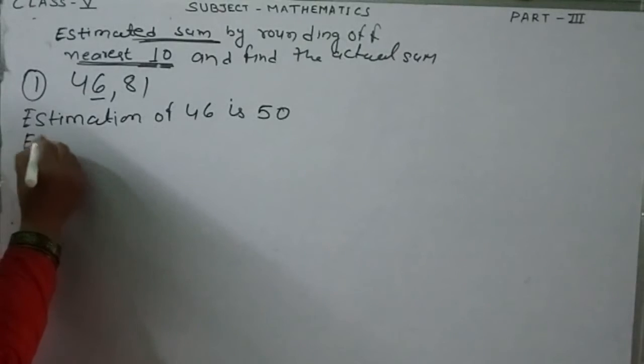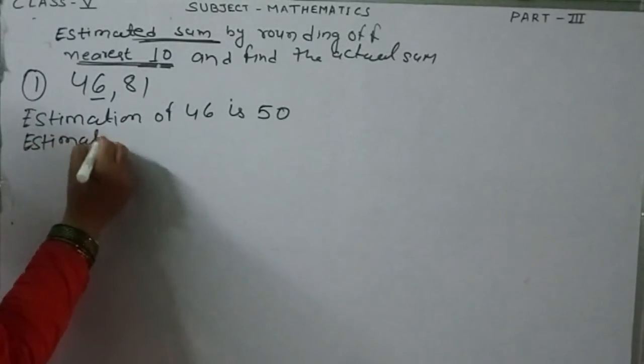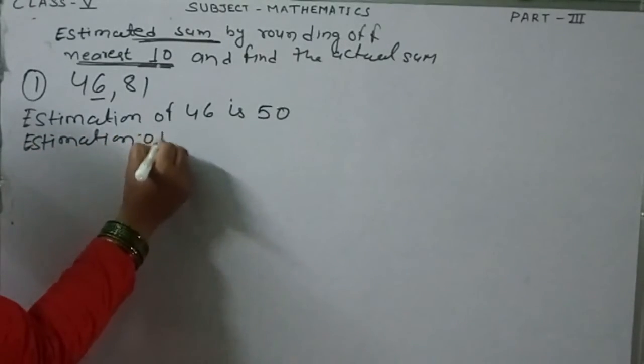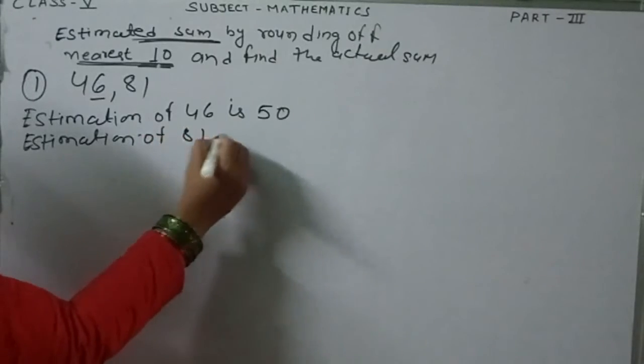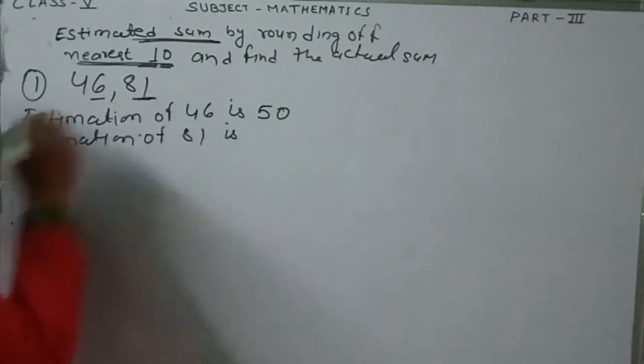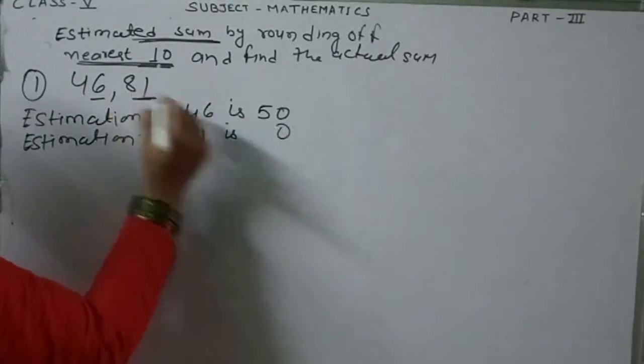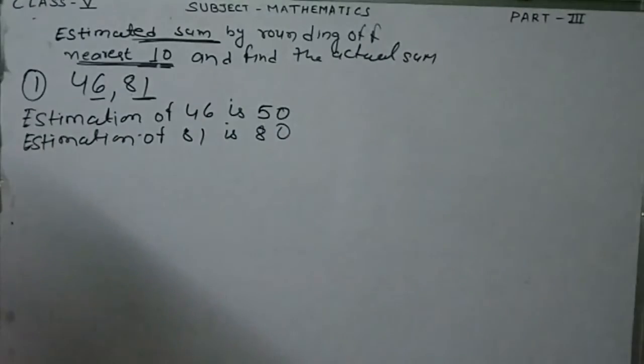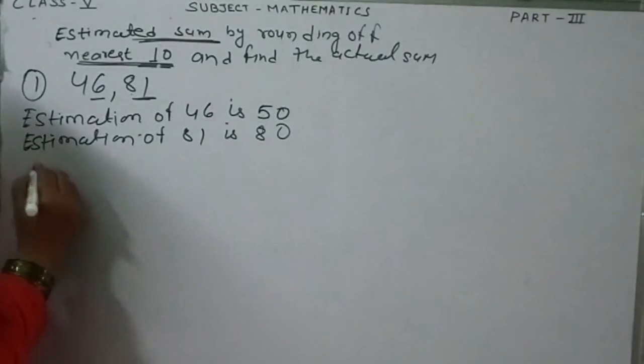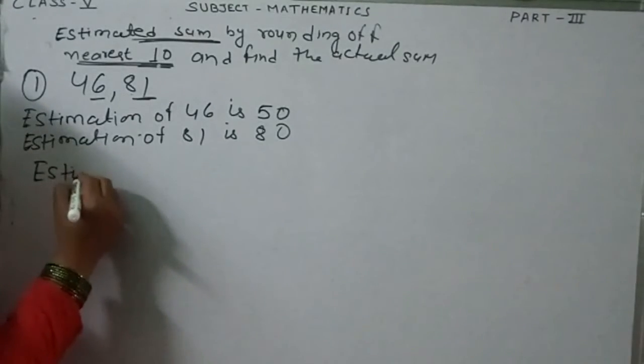In the same way, you have to find the estimation of 81. Here 1 is less than 5, so it will be 0, and this one is 80. Now you write here the estimated sum.